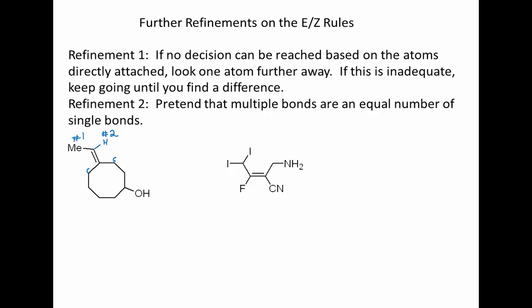These two look a lot alike, so we can't make a decision right there. We've got to go further out. So let's go one atom further out. We'll call these A and A prime, B and B prime. We're still not able to make a decision, we've still got carbons. Let's go further.